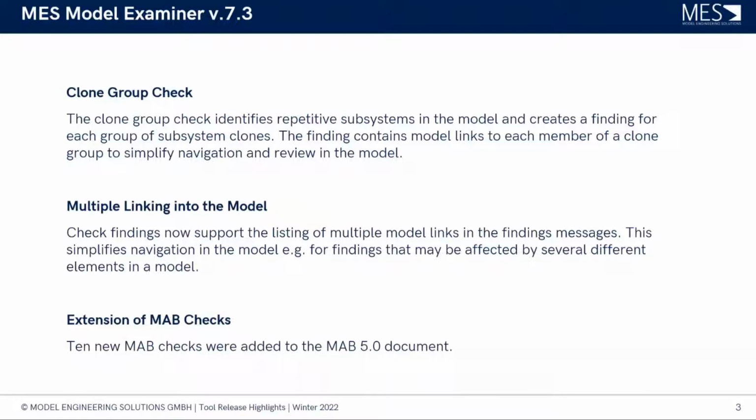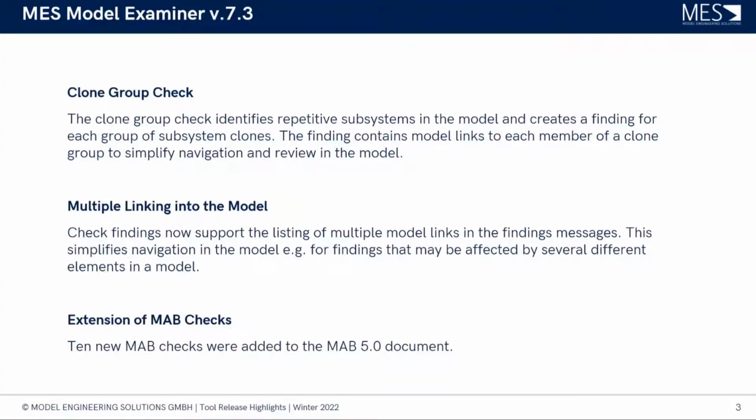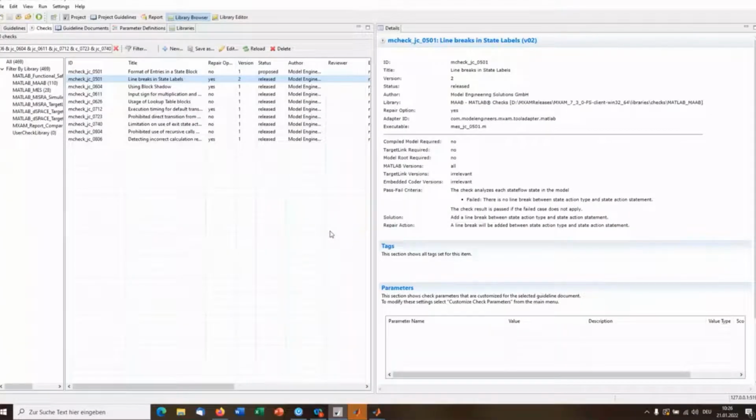Yes, sure. With every release we keep up with the coverage of automatically checked guidelines for the new MAP5 document. And I have listed all the new MAP checks for this release here.